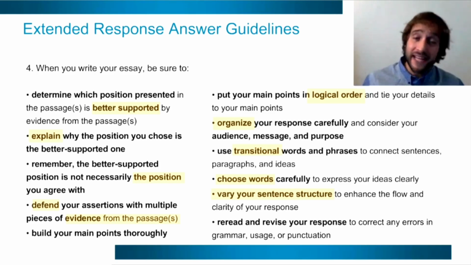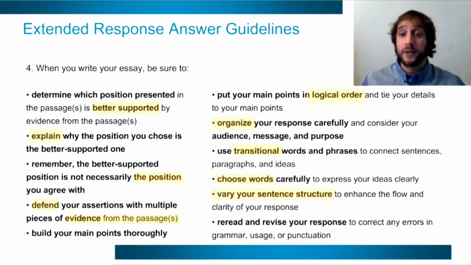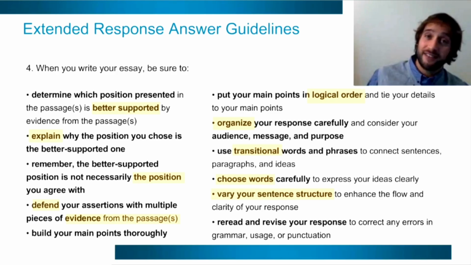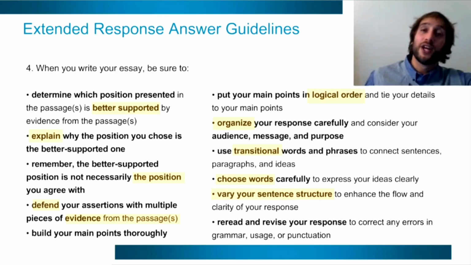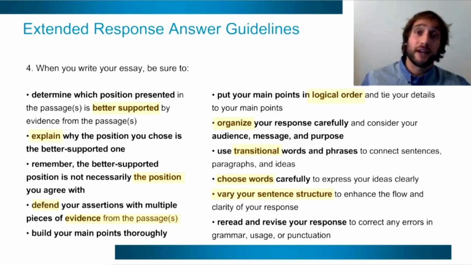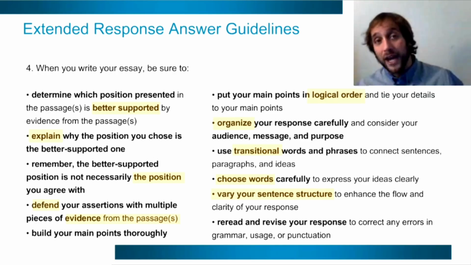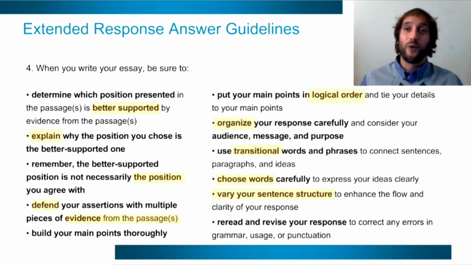But if we vary that sentence structure, maybe because we have some left branching sentences, those are sentences that start with maybe a dependent or modifying clause before we get to the main clause, or right branching sentences, or other kinds of ways to vary our sentence structure can really help maintain interest and flow of our essay.